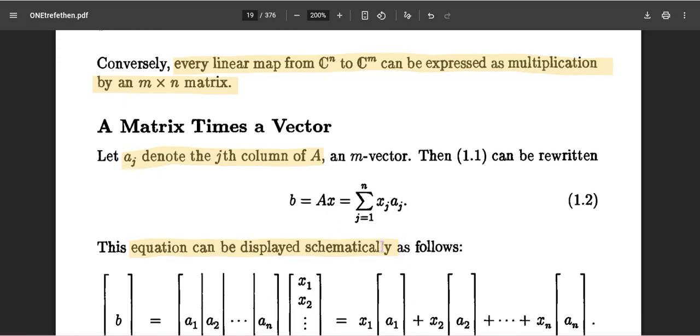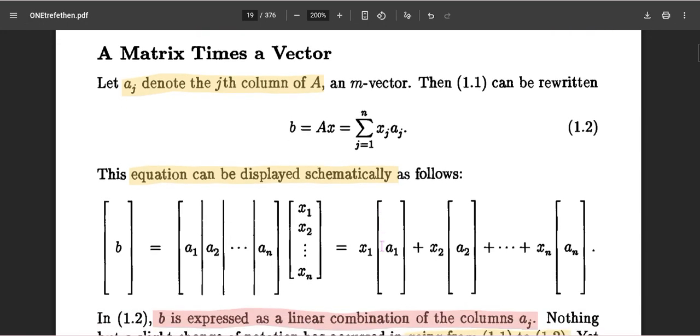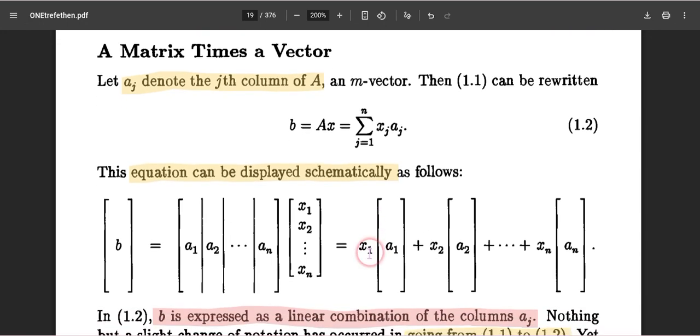This is very important. It can be arranged in terms of a visual representation: the matrix A multiplying a vector x can be expressed as a linear combination of the columns of the matrix A, with the coefficients of expansion coming from the vector x.